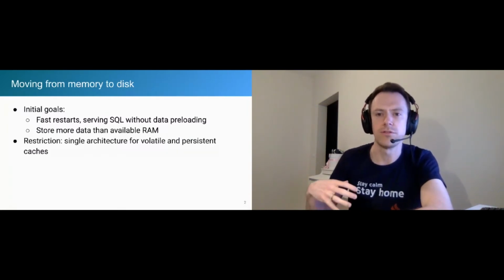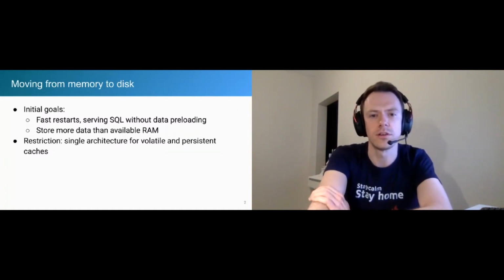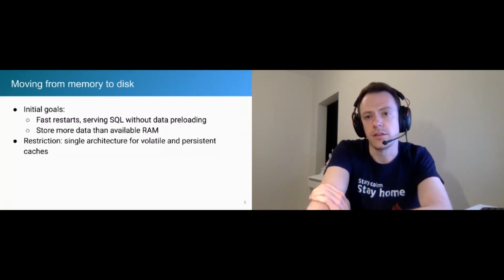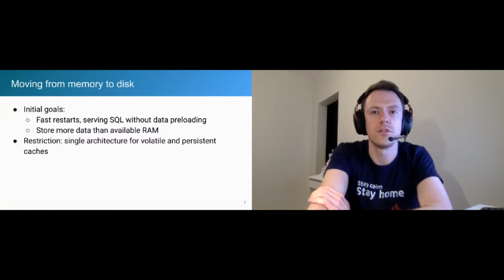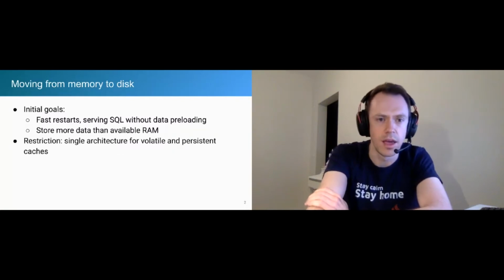For example, if a query is sent to a cluster, you would only preload the data that is required to answer this particular query. We also wanted to remove the second restriction and keep significantly larger amounts of data than there is RAM available in your cluster.